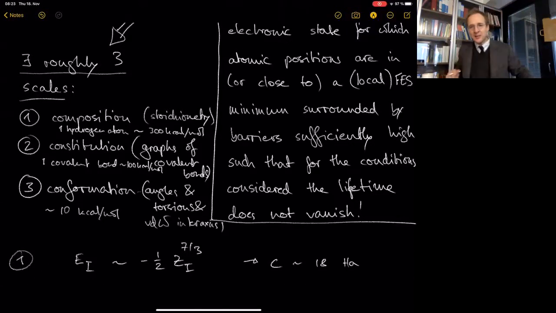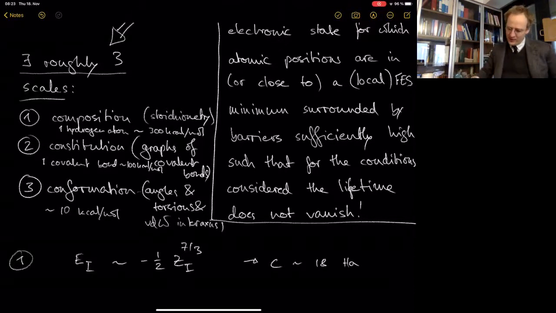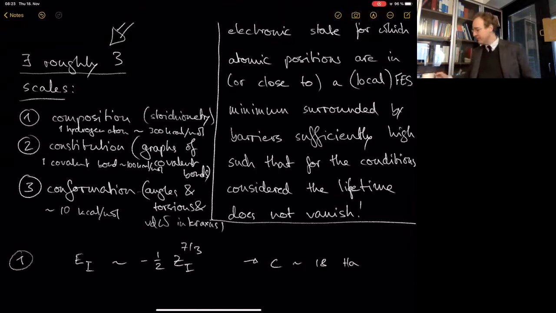Can be less, like 2. It can be more, like 20. It depends on the system you're talking about. Same for bonds, of course: single, double, triple bonds, depending also on the bonding partners and so on. So be generous in the variance in these guesstimates, but on the scale of your energies, that's roughly what you should be looking for.